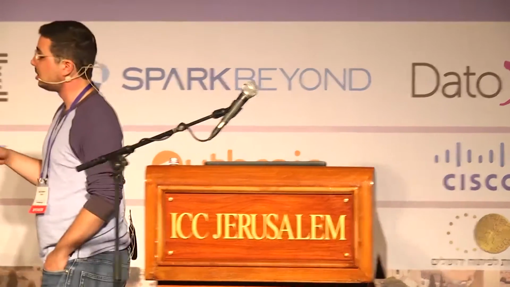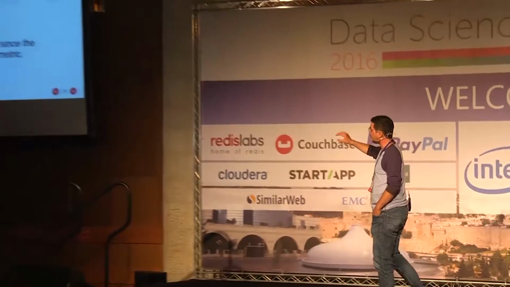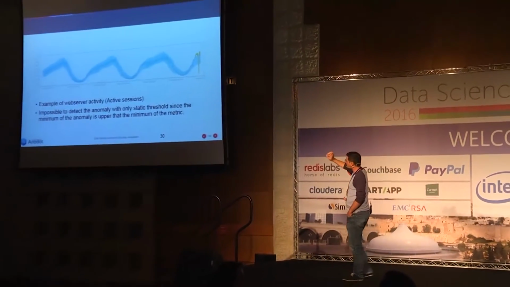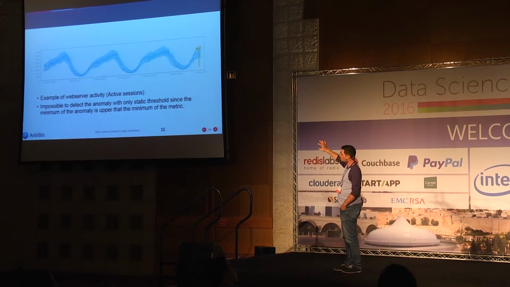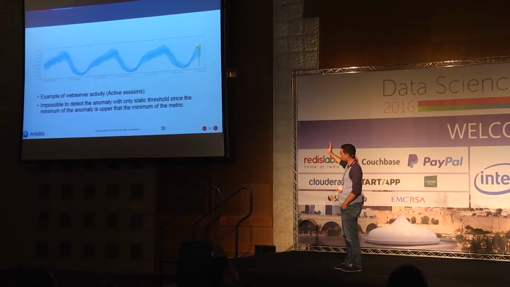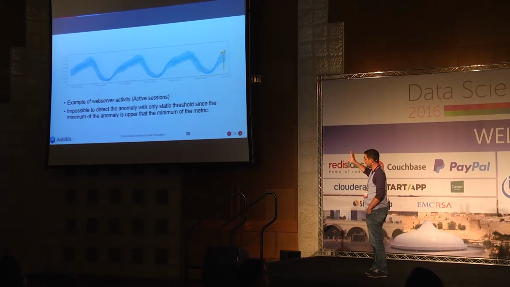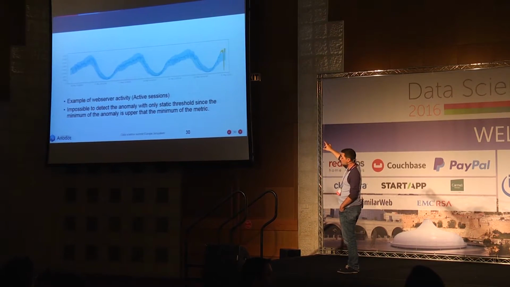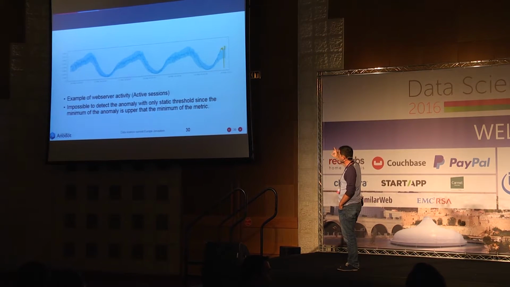In this example, which is a real example, this is a web server activity. I plot the active sessions. The blue line is the real data. The blue area is our model. In our model, we added the correct periodic value. And you can see in orange the alert that we have detected with this model.